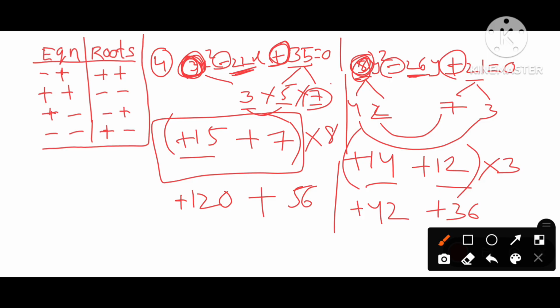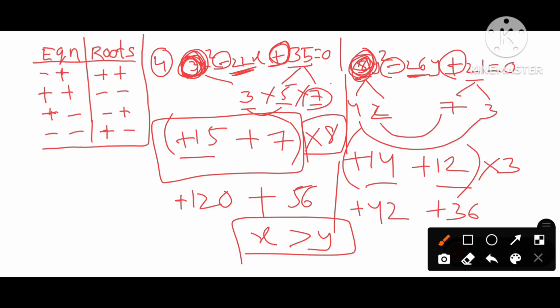Now we need to compare the equations. Here 120 and 56, both these roots are greater than 42 and 36. So x is greater than y is the answer for this question. For equations which have coefficients, we need to remember that multiplying the roots oppositely is necessary.